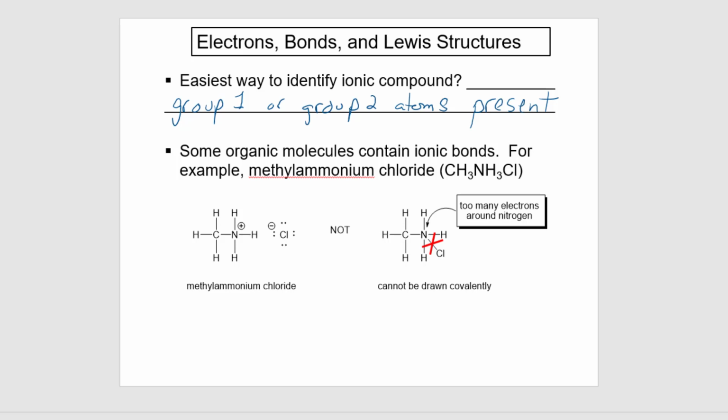This is not written where the nitrogen and the chlorine are bonded. If it was written like that, if you counted the electron pairs, the lines, around the nitrogen, representing covalent bonds, then it would have more than 8 electrons around it, and that would exceed its octet and isn't possible.